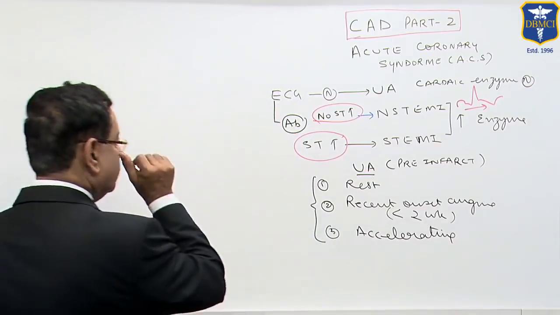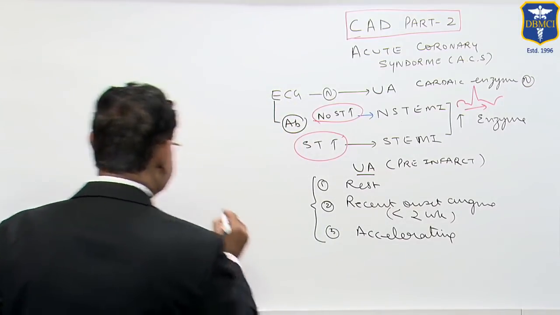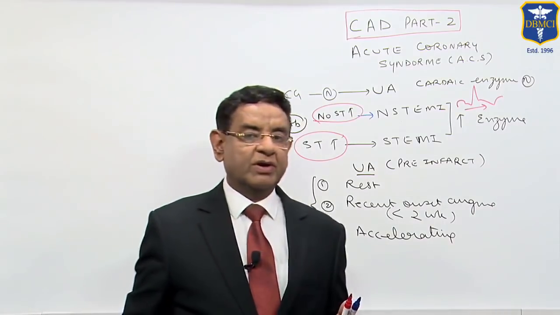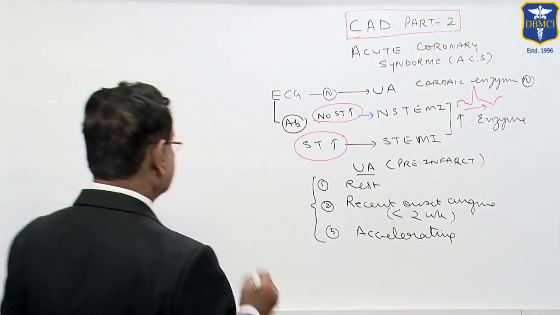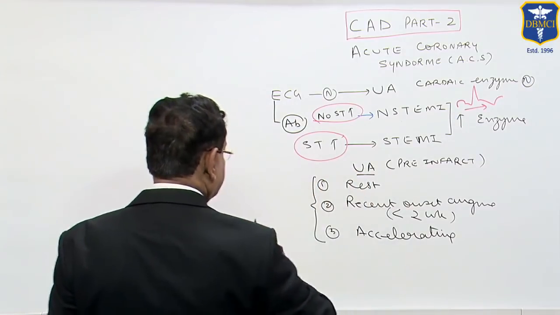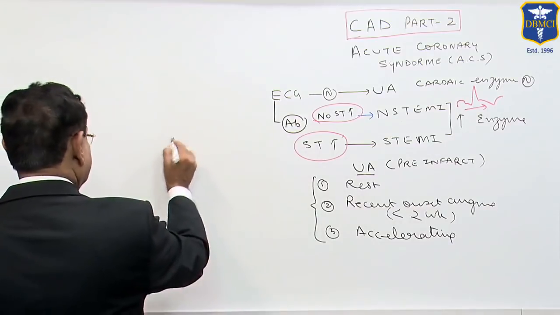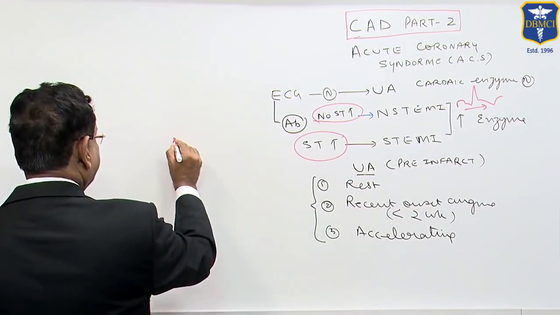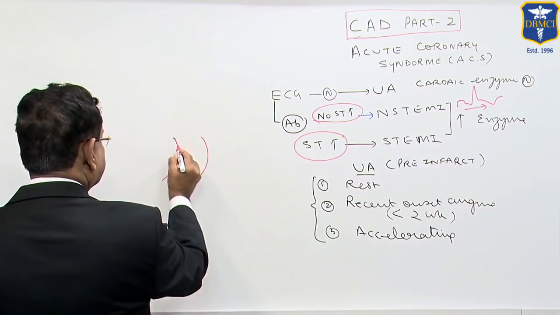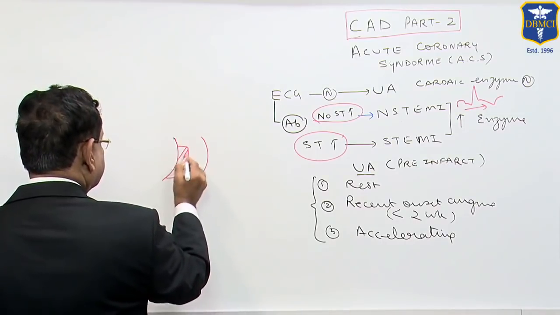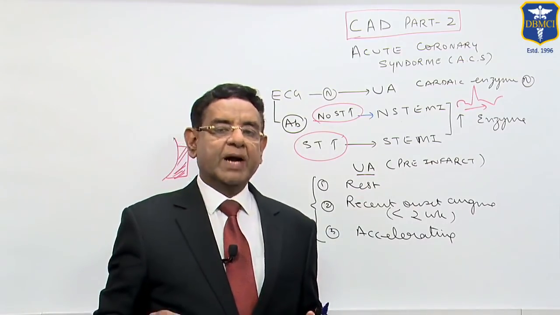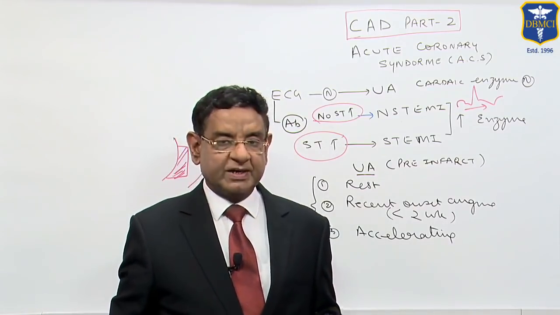Second is non-ST elevated MI. Again, what is the basic pathology of non-ST elevated MI? Remember, here full infarction has not occurred. This is the wall of the left ventricle. In non-ST elevated MI, only the inner 1/3 of the myocardium is infarcted.